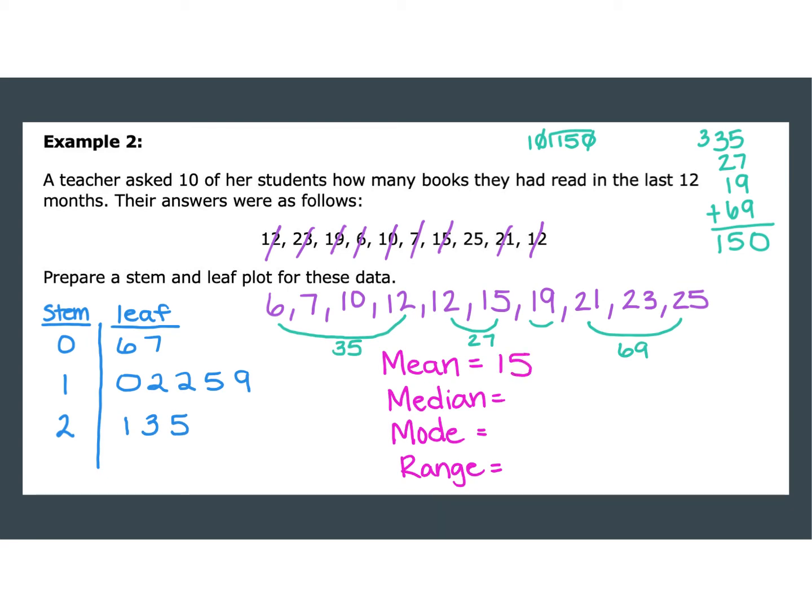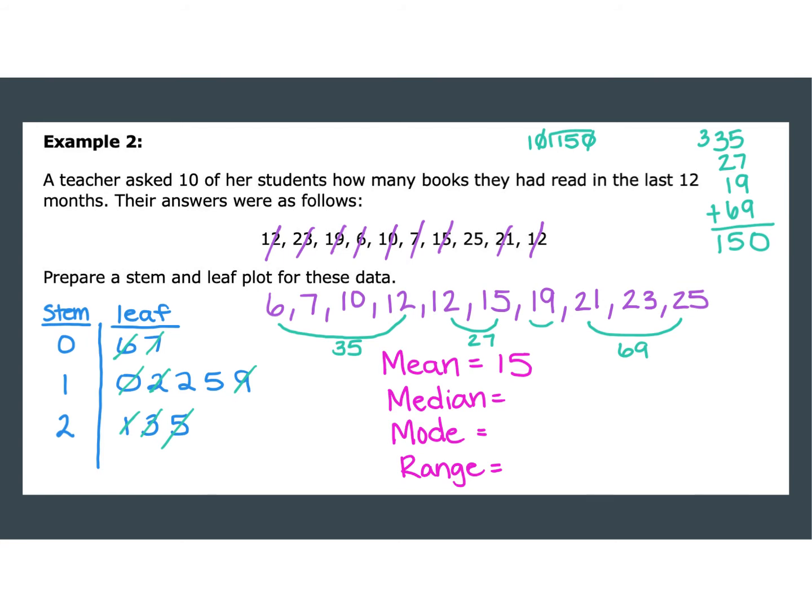To find the median, we can cross off one number from both ends until we reach the number in the middle. You can cross off the 6 and the 5, the 7 and the 3, the 1 and the 0, the 9 and the 2, and then we're left with 12 and 15 in the middle.